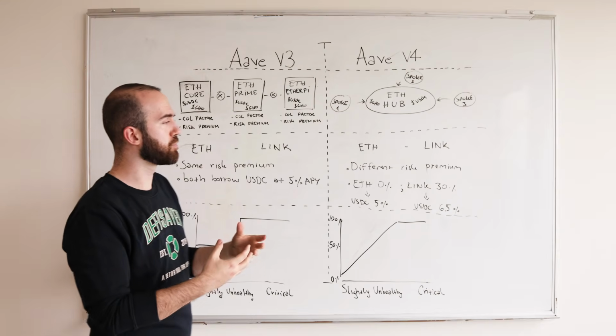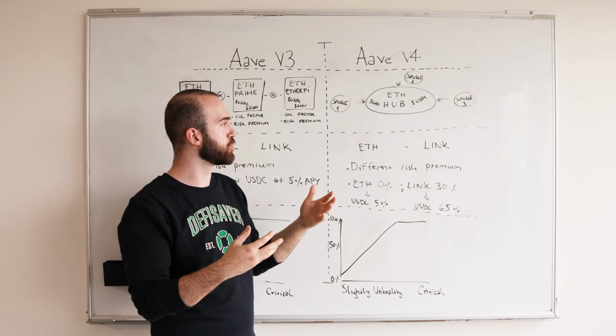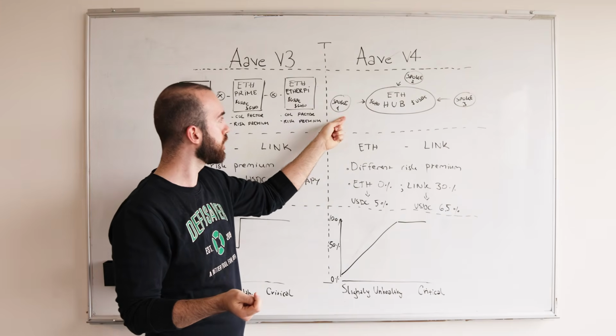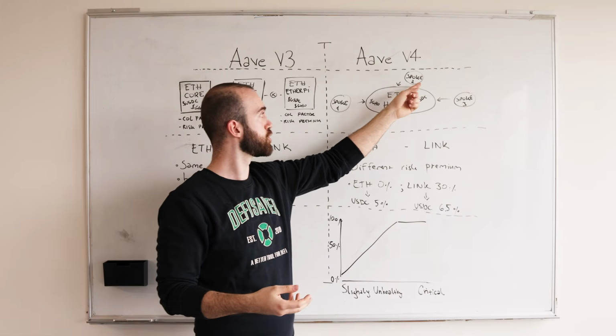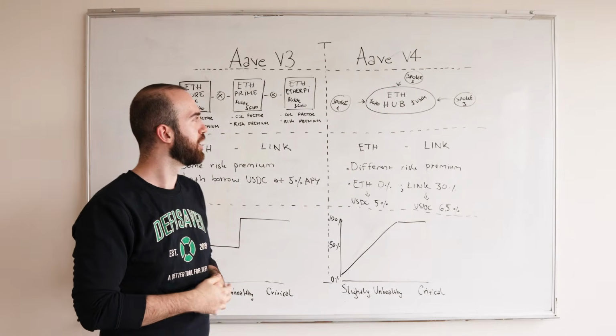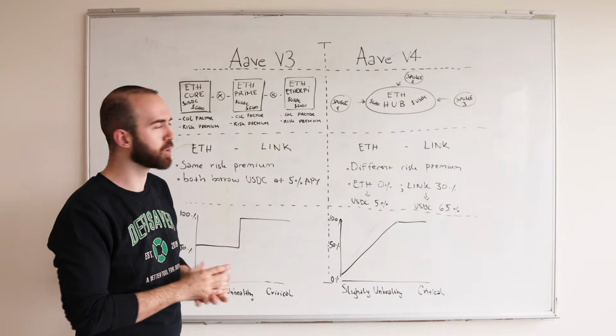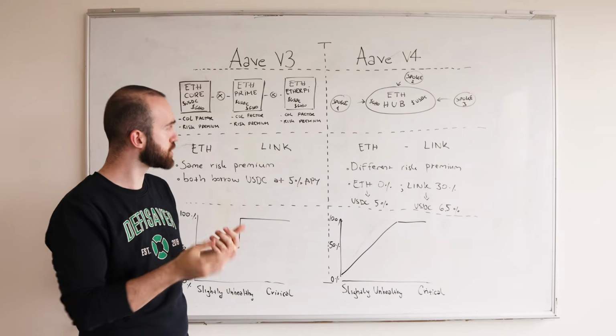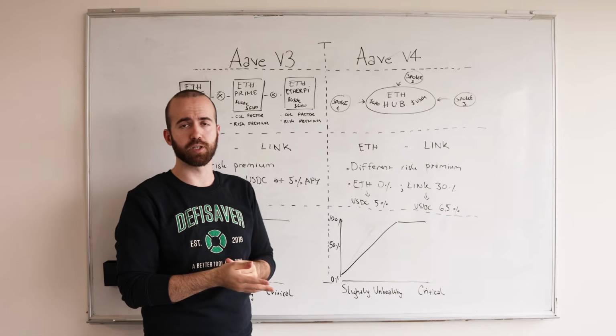So, for example, you might not be able to supply ETH as collateral while borrowing a specific asset in spoke 1, but you will be able to do that in spoke 2 or spoke B, or whichever way you want to call that other spoke. So it's on the app's decision how that's going to be demonstrated.